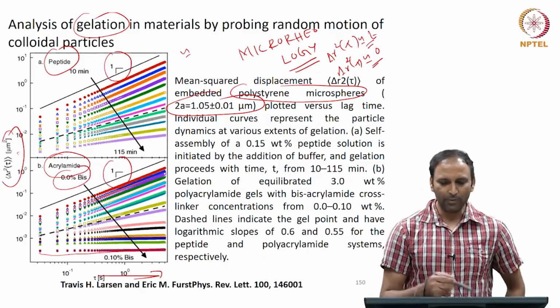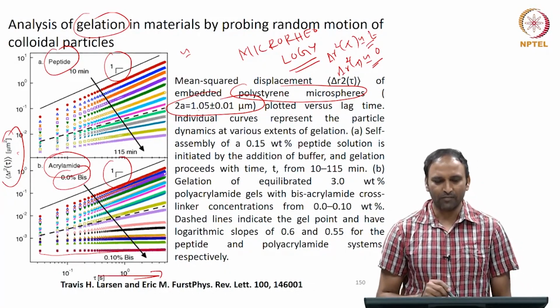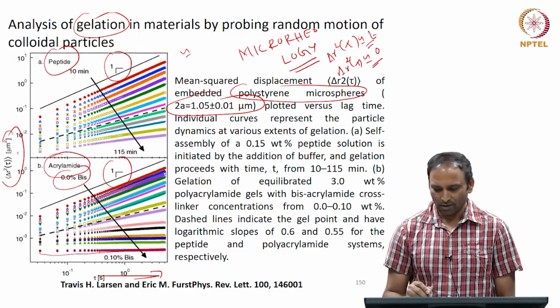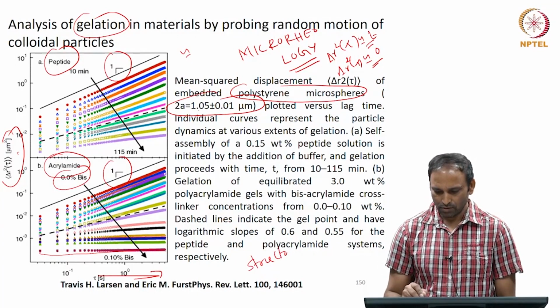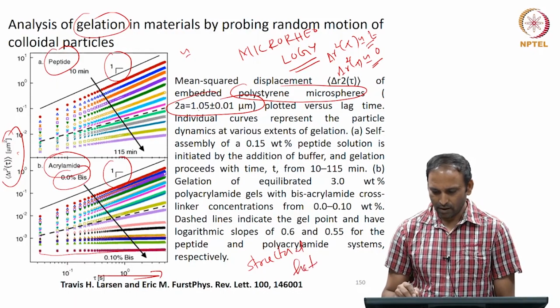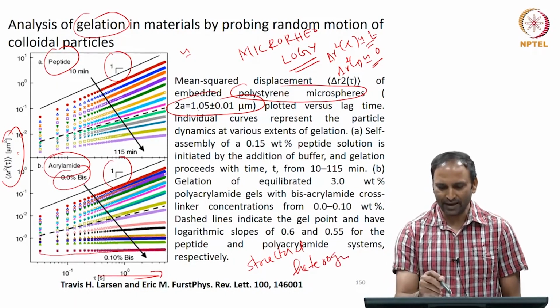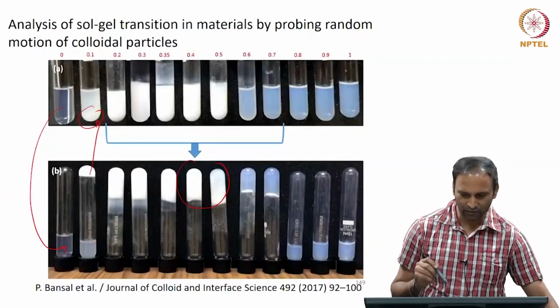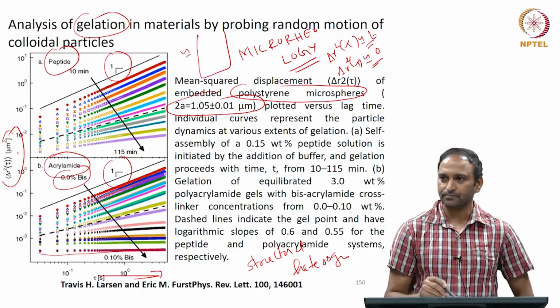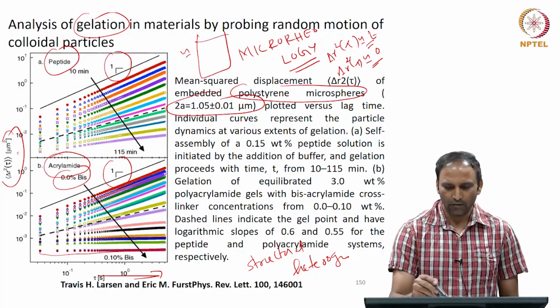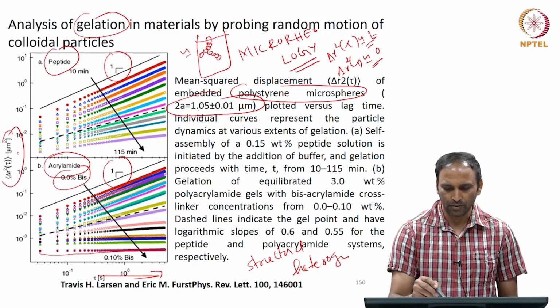People also use these kinds of probes to look at what is called structural heterogeneity. Again, I am going to take this example of gels. If I have a colloidal gel, say that this is a particle network.